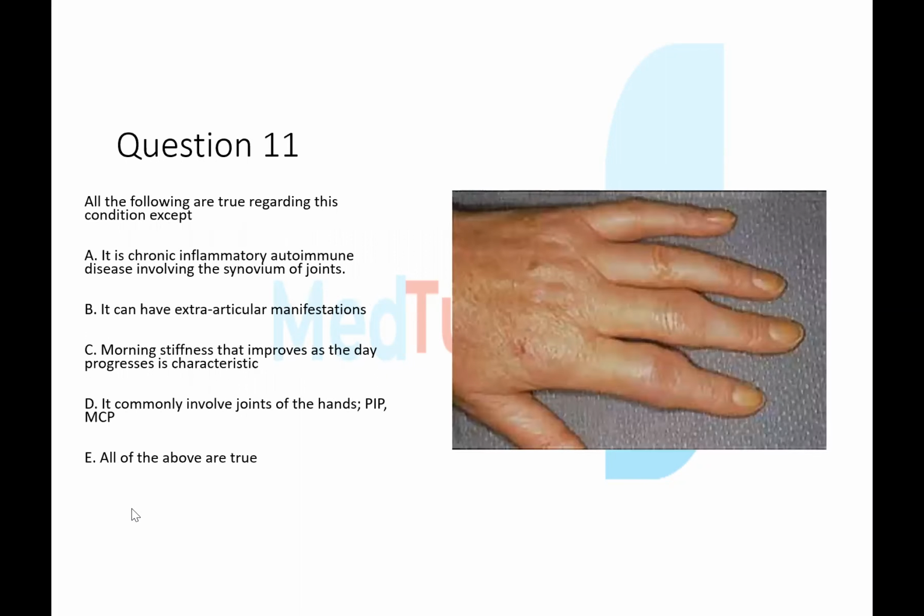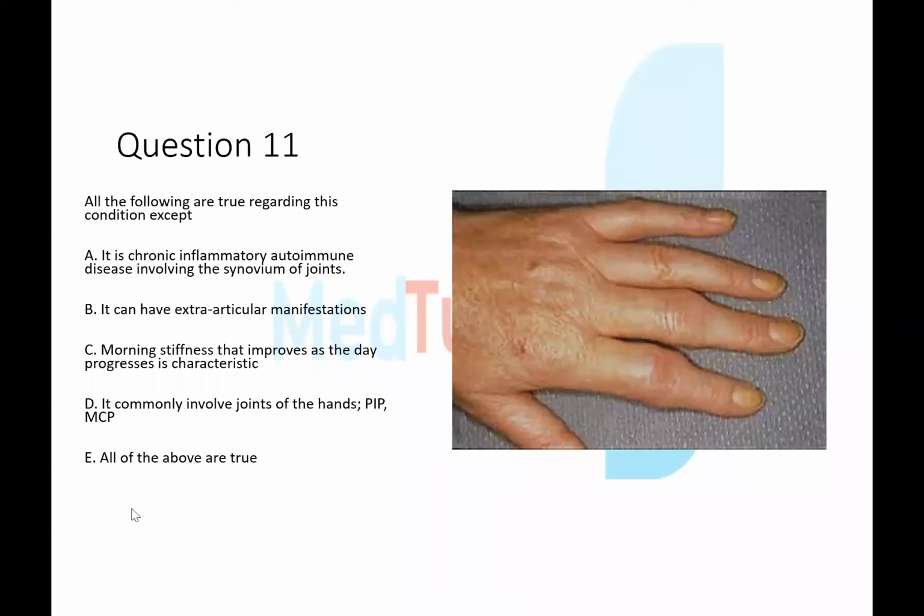All right, so what can we see here? So anyone? Rheumatoid arthritis, yes.